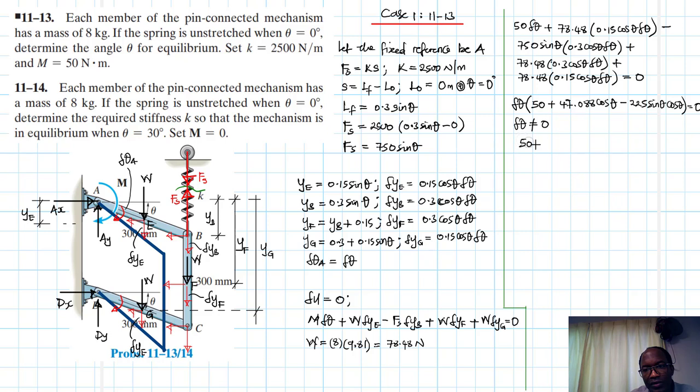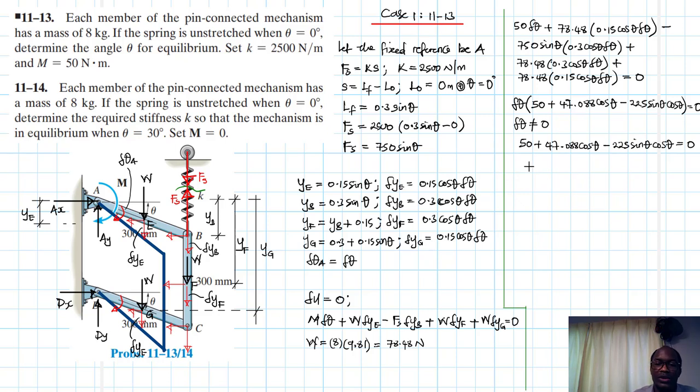So we have 50 plus 47.088 cos theta minus 225 sine theta cos theta equal to 0.